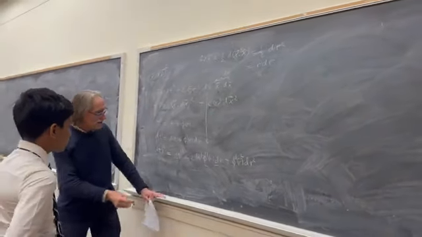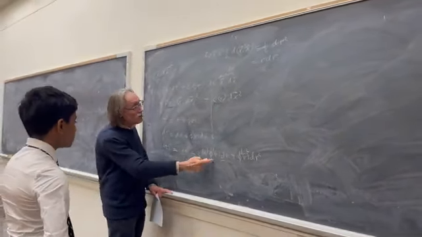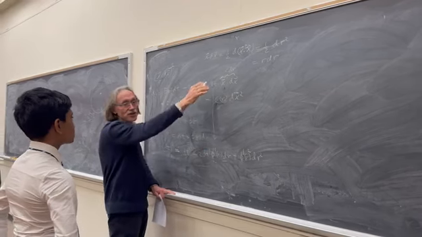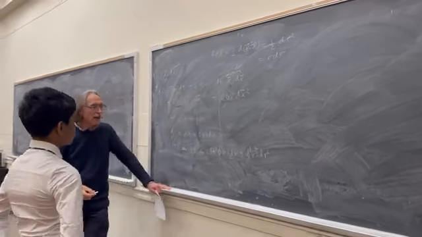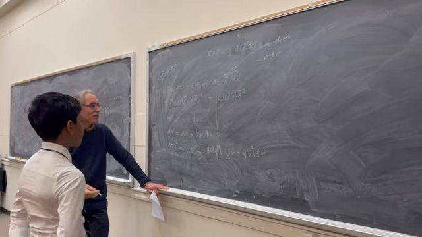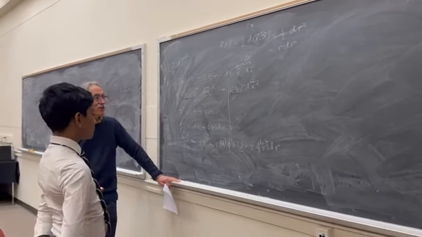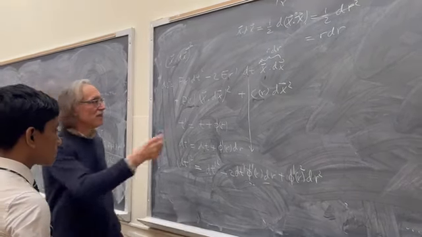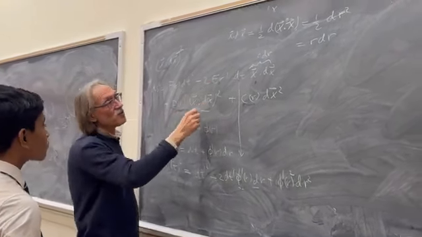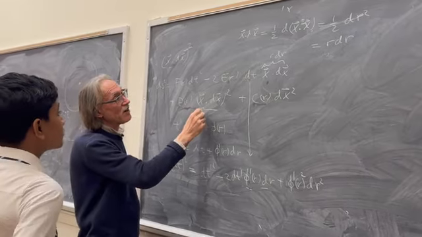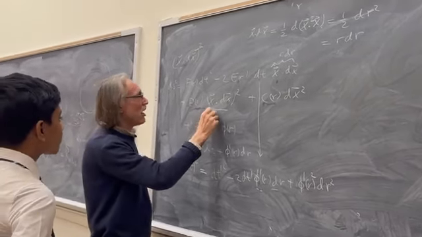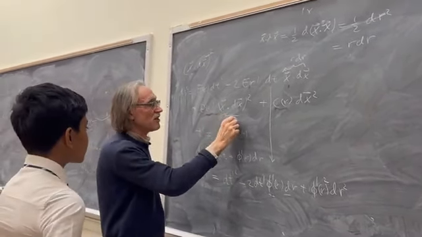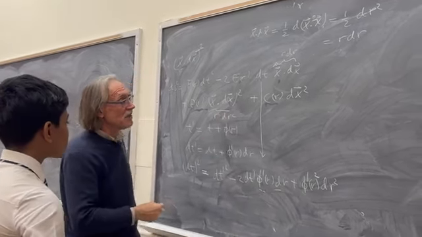So what you can do is tune this phi so that this whole term cancels. And that is what we are going to do. So we already don't have that term. For this one, that was equal to r dr, so this is equal to r squared dr squared.